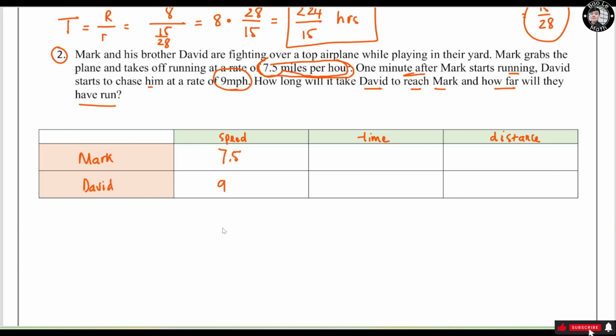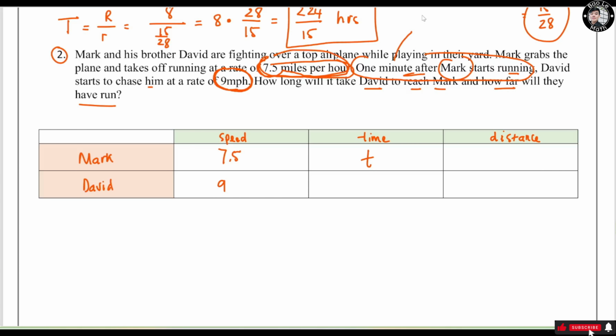Right here, right? Let T be the time Mark runs, right? Then look at this one right here. 1 minute after Mark starts running, David starts to chase him, right? So it means Mark gives David 1 minute, right? You need to convert 1 minute to hours because you look at the speed right here, 9 miles per hour, 7.5 miles per hour, right?